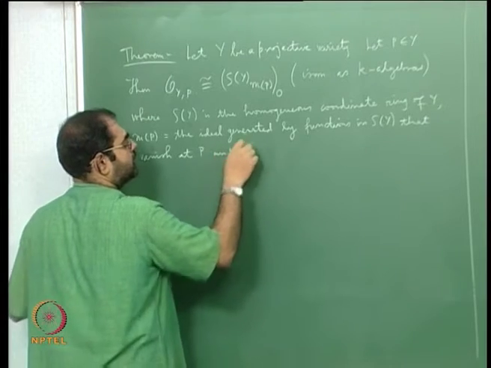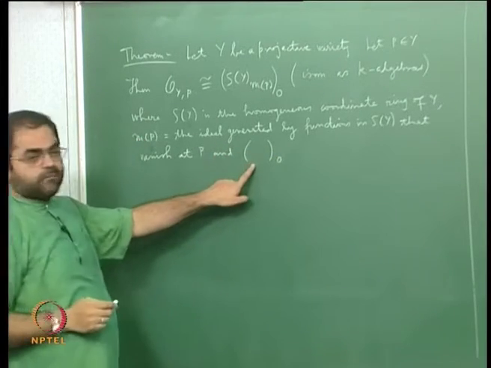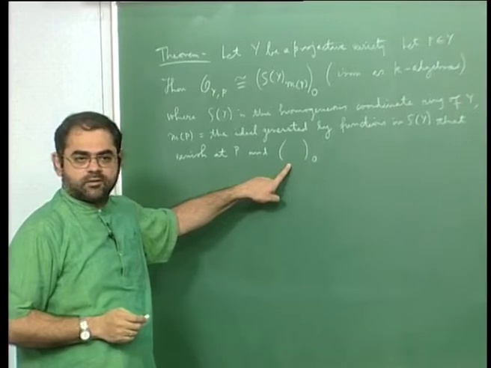And this notation means take the degree 0 part of the graded ring.